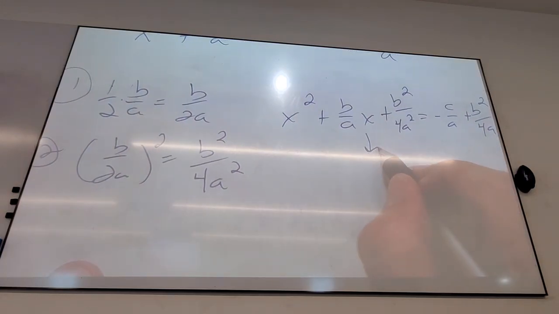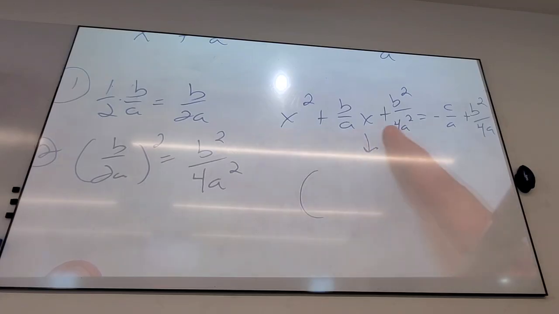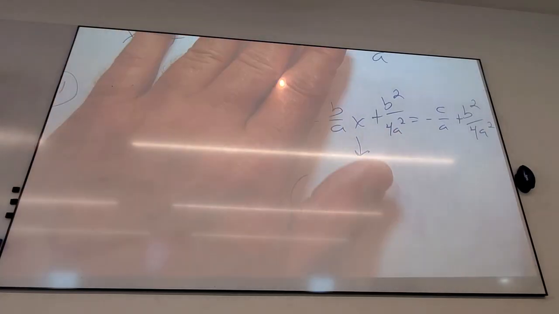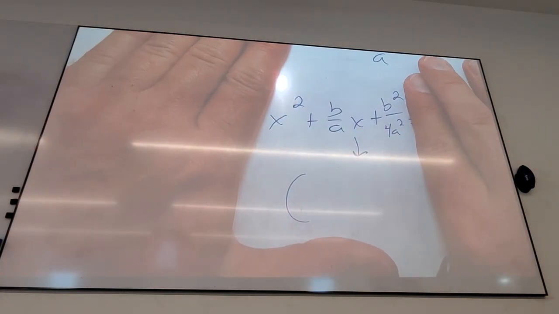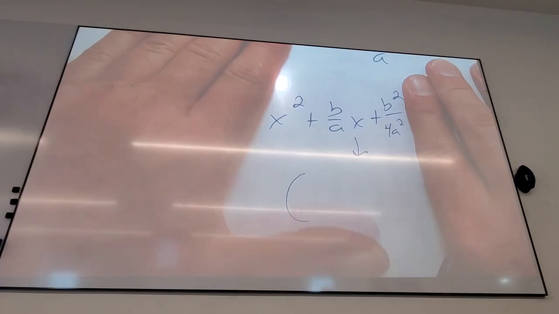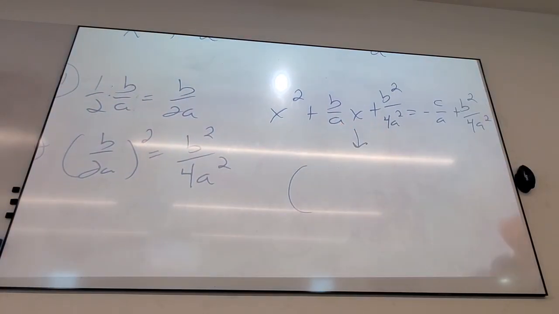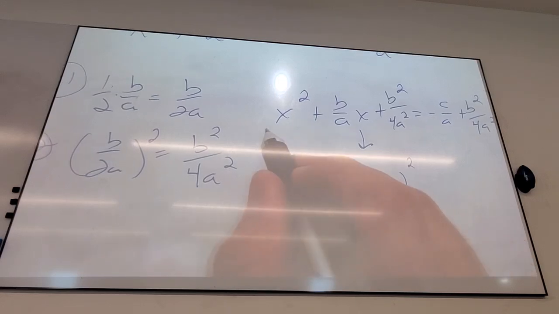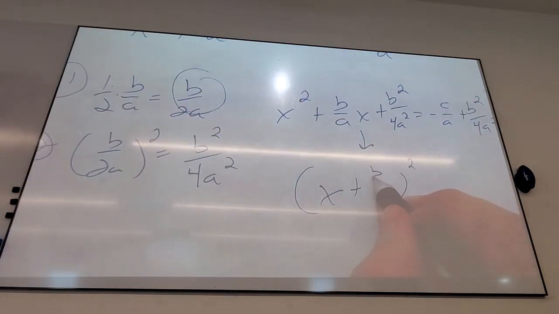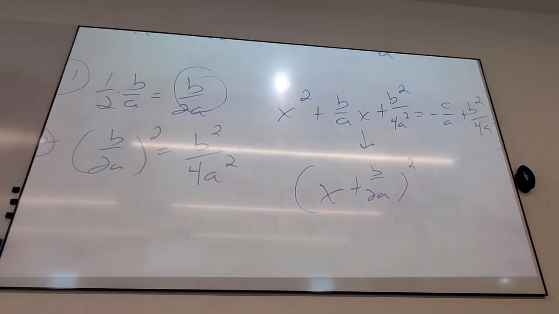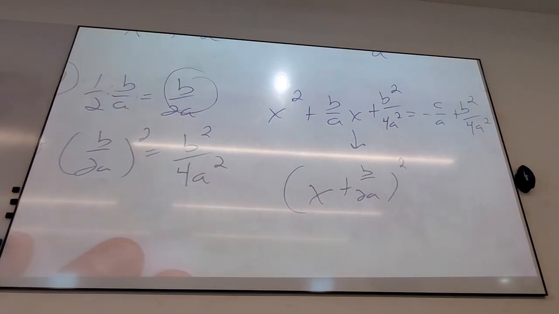And then how do I factor this? That is an ungodly mess, yes? If I just gave you this on a test and it said factor that, you'd be allowed to come up and kick me. But why do I not care here? Because how do I factor it? No thought required. B over 2? Yeah. Whatever I did in the first step is how I factor it, yes? Equals.